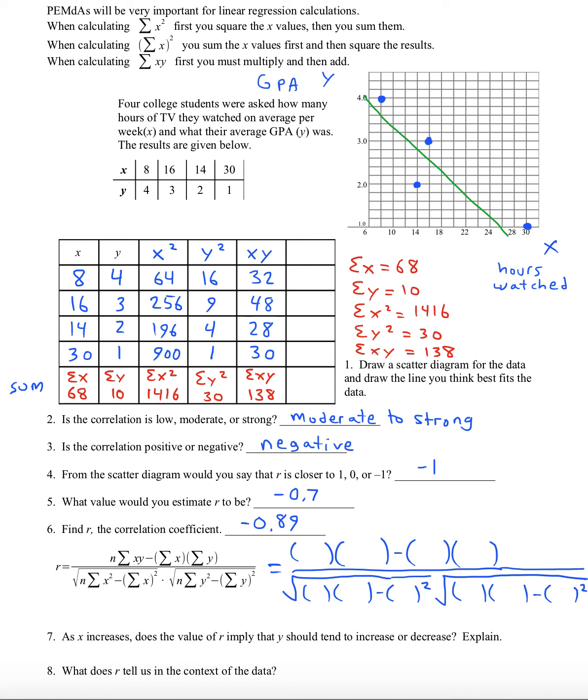What is n here? n is the number of dots that we have. It's the number of pairs. There are 4 pairs: 1, 2, 3, and 4. That's n equals 4. So put a 4 in wherever n is in the formula.